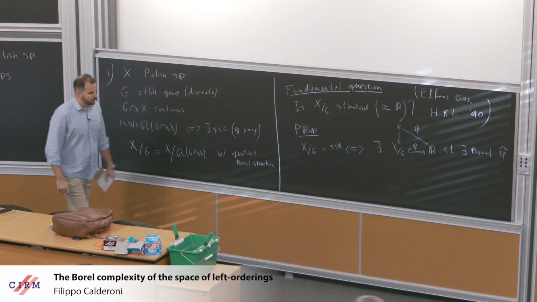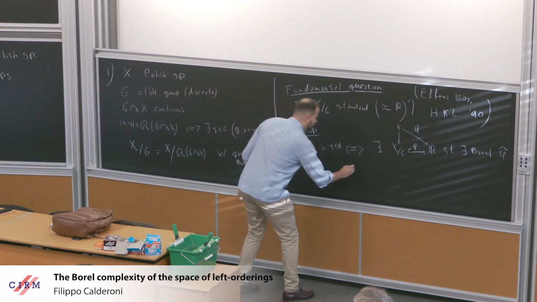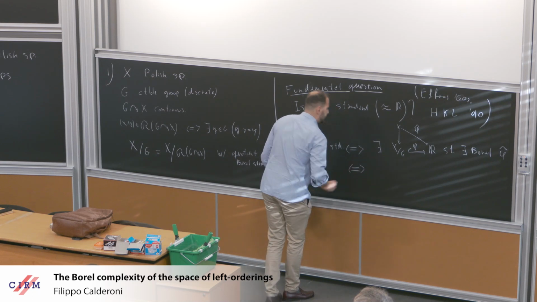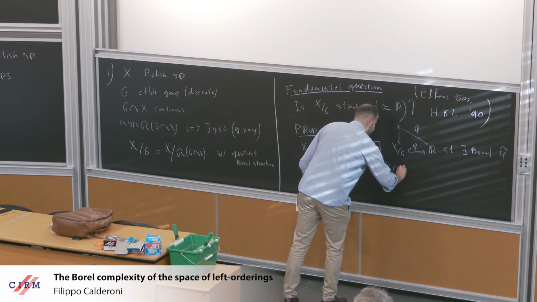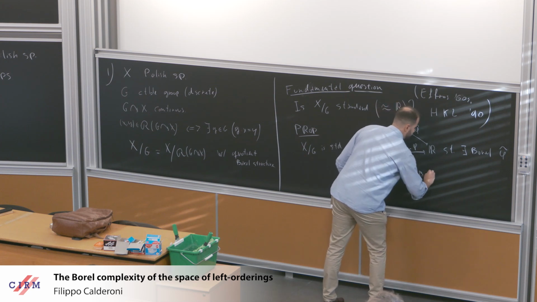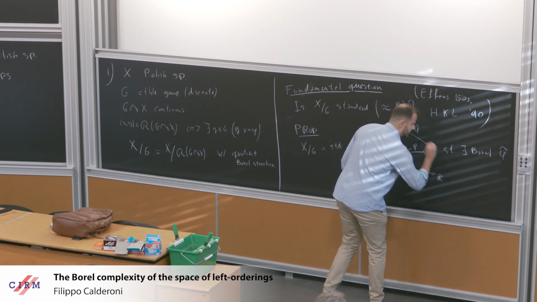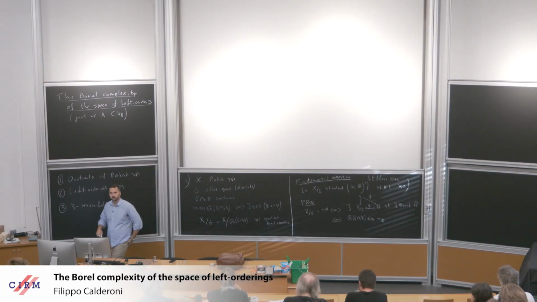And this is usually presented with the notion of Borel reducibility, if you are more familiar. This is the same as saying that R_G on X is Borel reducible to the identity relation over the reals. Or if you prefer, the identity relation on any Polish space.